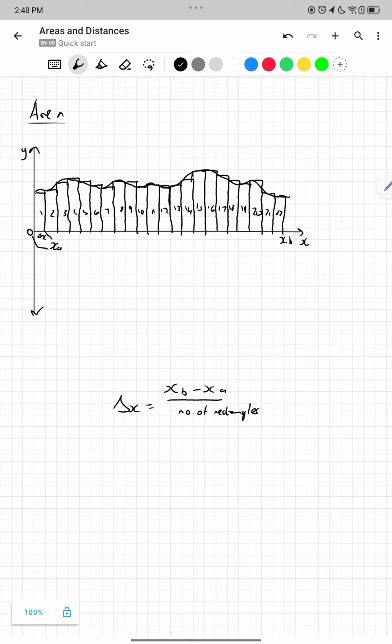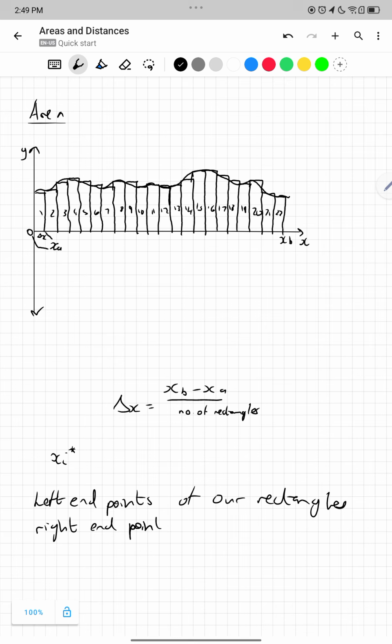So we need to pick our sample points, right? So either we use the left endpoints of our rectangles, the right endpoints of our rectangles, or the middle points of the rectangles.